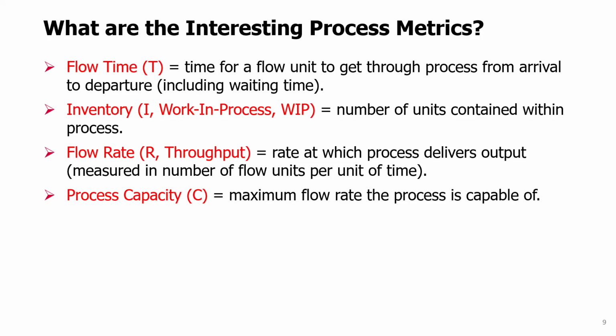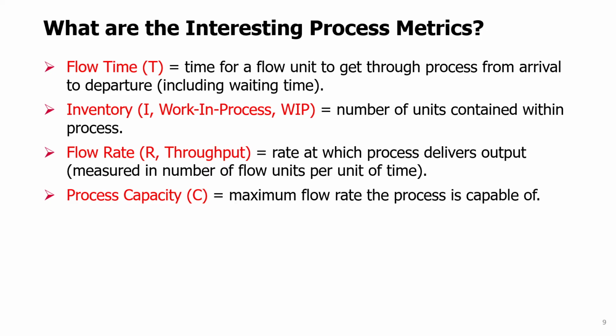And the third is flow units per unit of time. So the unit of the third one is a combination of the first two. We will also later on use something called process capacity, for which the symbol will be C, but it's really a maximum flow rate. So it's the variant of the third measure, the maximum flow rate that the process is capable of delivering.